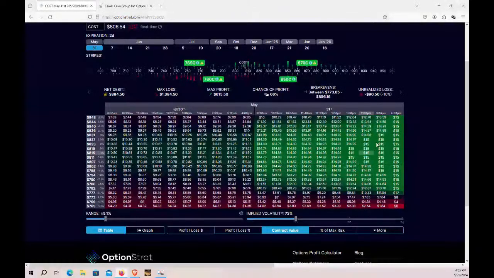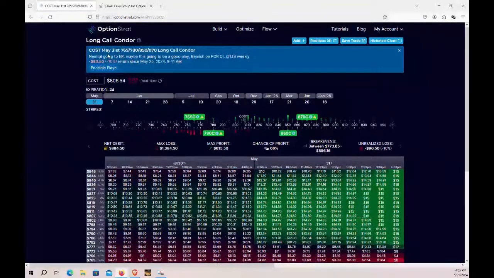If we stay inside this range, I'm pretty much good, from close to 3% up all the way down to 3% down. So it's decent. That's Costco for tomorrow. I think it's tomorrow, probably. Costco is neutral, this might be a good play. Bearish on the PCI, open interest 1.13 weekly.